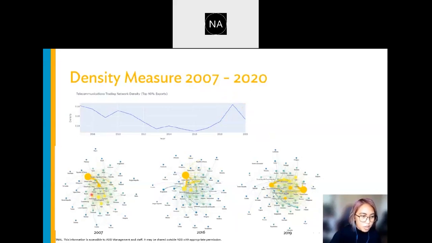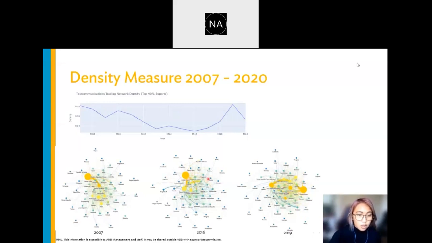density value. And we see here that in 2007, 2008, we have high density values similar to what we have in 2019. So you'll notice that the chart, even though the edges or the weights of the trade is smaller in 2007 and 2019, the connectivity is somewhat the same, meaning the trade is distributed across multiple economies.